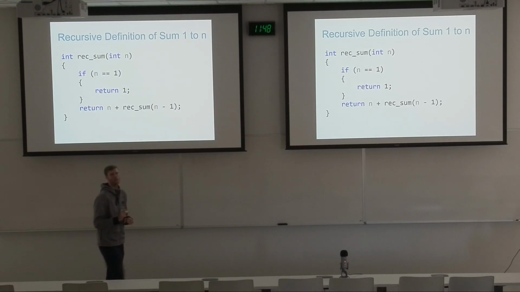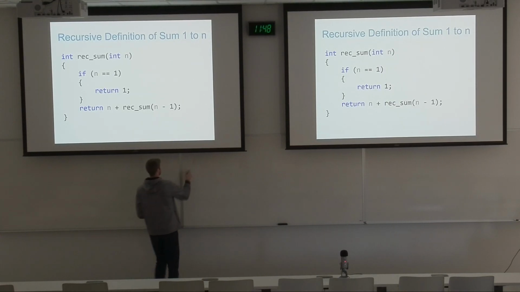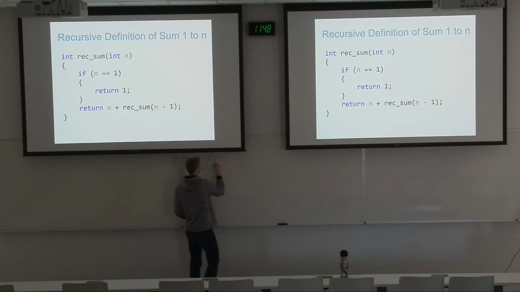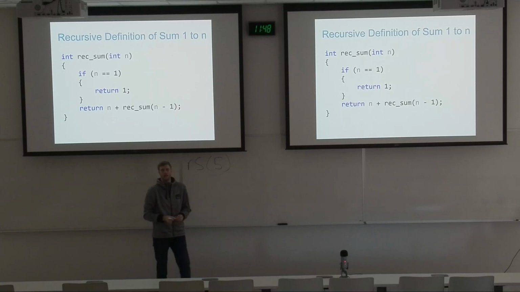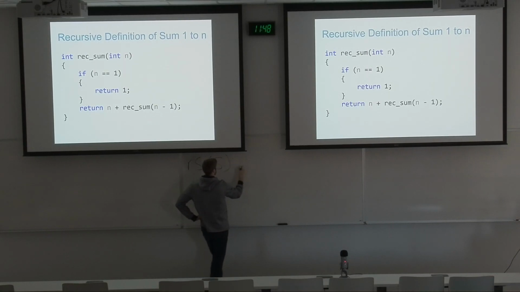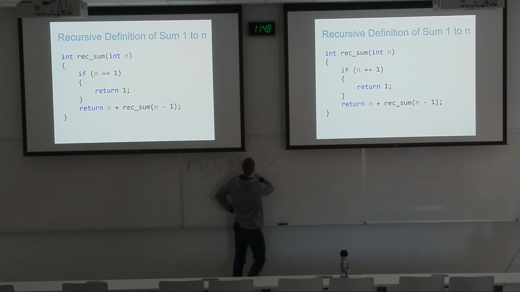I'm going to say recsum, rs, of some value. I'm going to do 5 because I'm lazy. Okay? Let's go. So n is 5. All right, is n 1? No. Otherwise, return n. So that means 5 plus rs of n minus 1, well, that's 4.